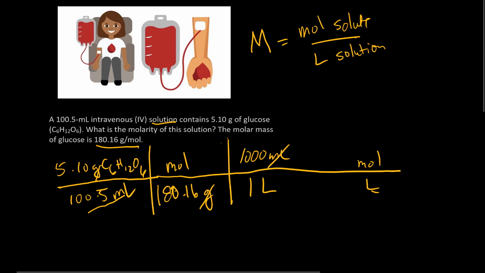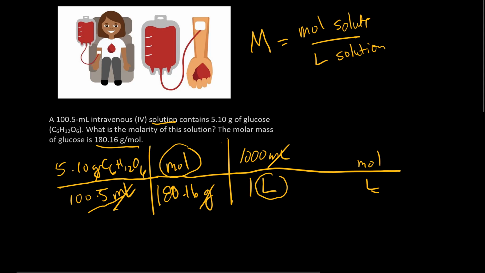Milliliters cancels out, and now we're left with liters and moles. So our unit cancellation is successful. All we need to do now is the math, and we should be able to figure out the molarity of this solution that has 5.1 grams of glucose per every 100.5 milliliters in this IV. So I'm going to do that, and I'll come back in a second.